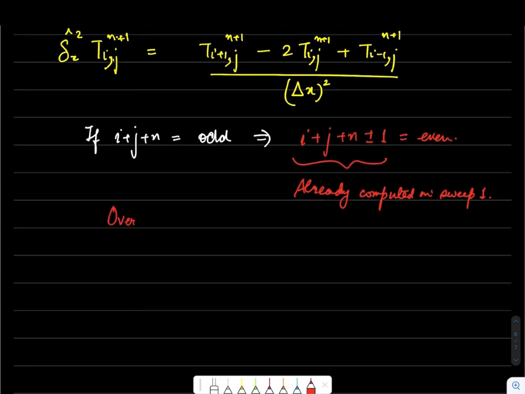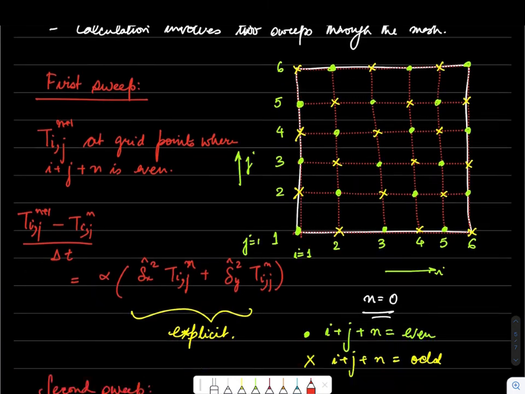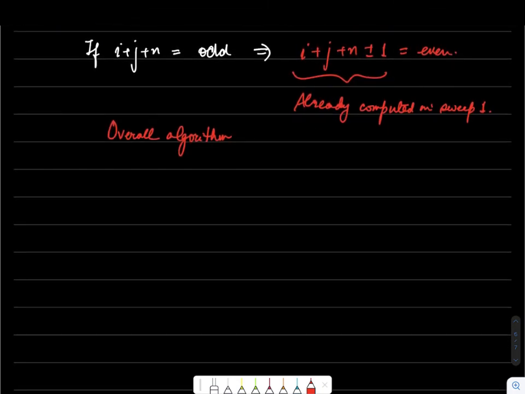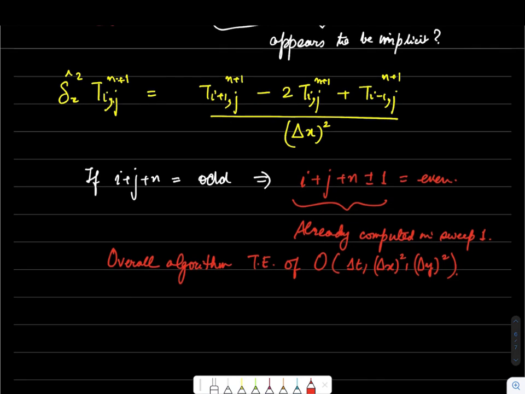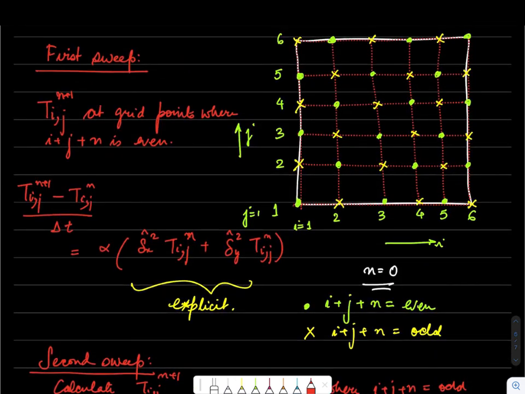Further, this algorithm, even though it is unconditionally stable, but because it's explicit, this overall algorithm has a truncation error of order delta t, delta x square, delta y square, and there is no extension of this method for 3-dimensional problems.